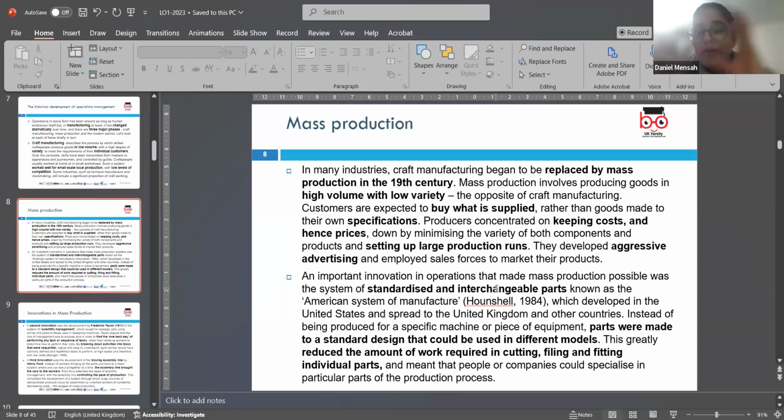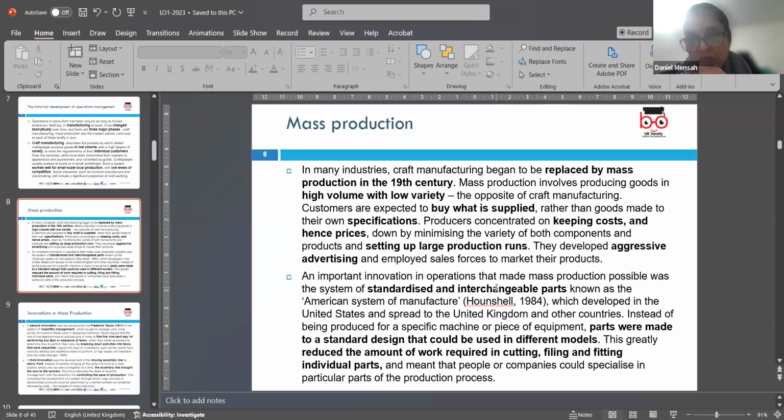And what was the reason behind introducing mass production? Because producers or manufacturers were aiming to bring the cost down and the prices down. When you are producing the same product in bulk, it helps you bring the cost down, and ultimately it impacts your prices also.